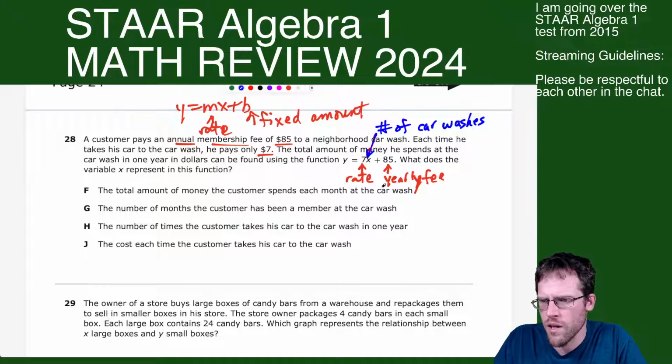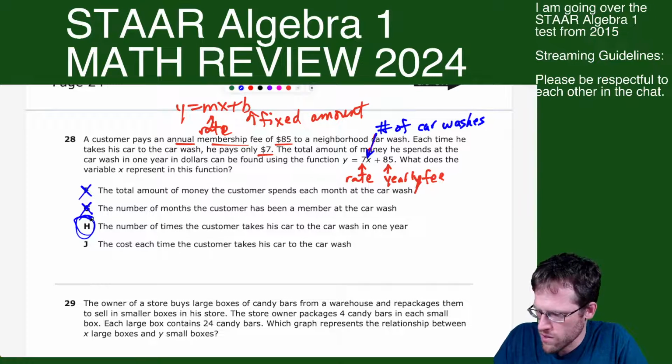The total amount of money the customer spends each month, no, that's y, how much they're spending in total. The number of months the customer has been a member, no, that's not it. The number of times the customer takes his car to the car wash in 1 year. Okay, and also I should say the total amount of money the customer spends each year at the car wash, that would be y. So this one is like double wrong.